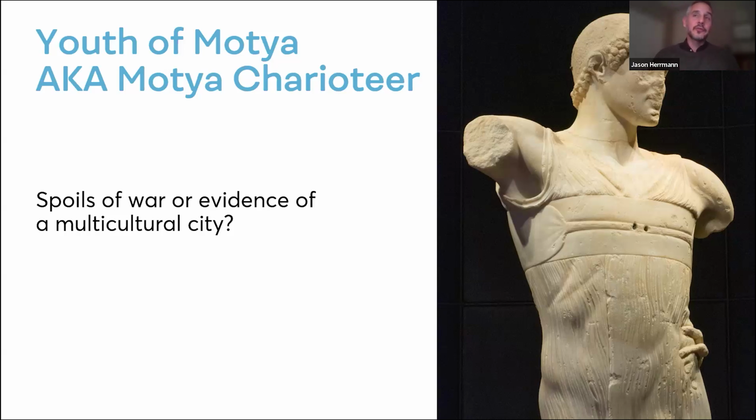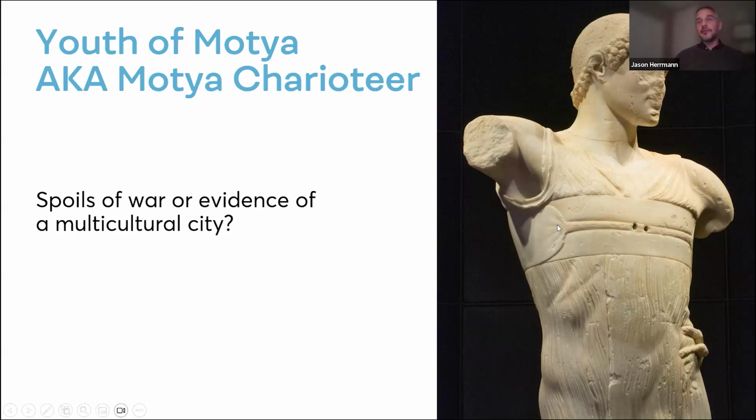And one of the more famous objects of Greek culture is the Charioteer of Motya, a masterpiece sculpture. If you have the chance to see it, I know it's toured around the world a little bit. It does not show the hand of the Punic artist, but rather the Greek artist, showing Greek styles.